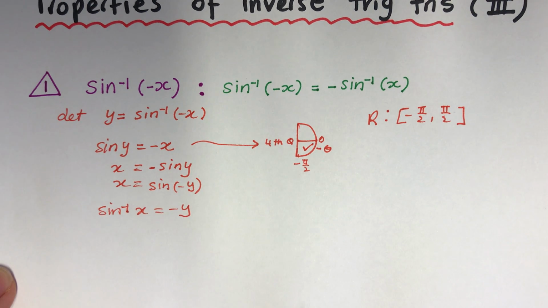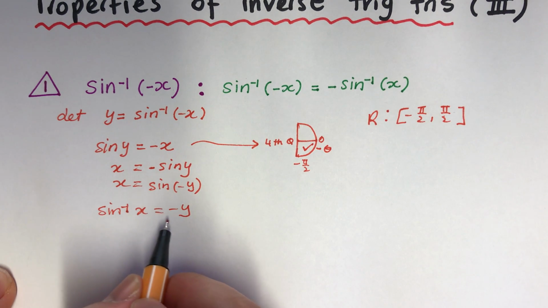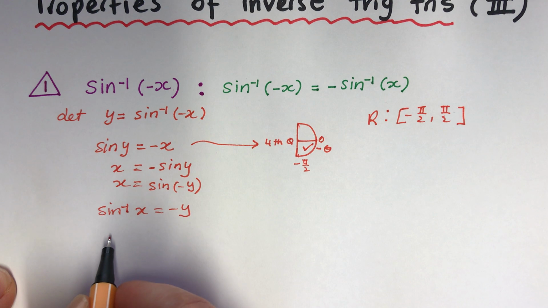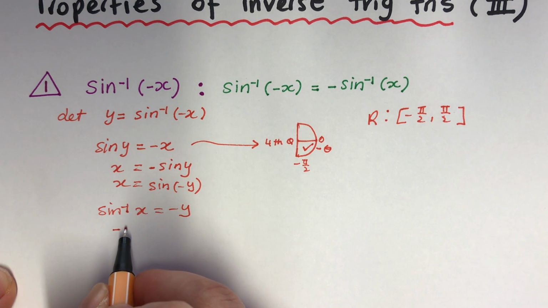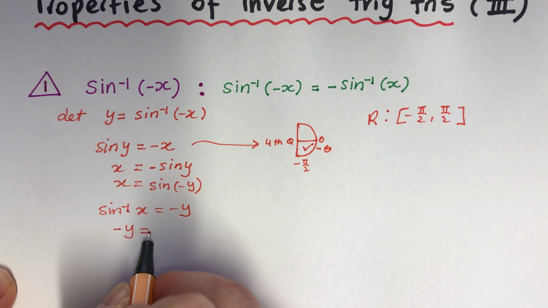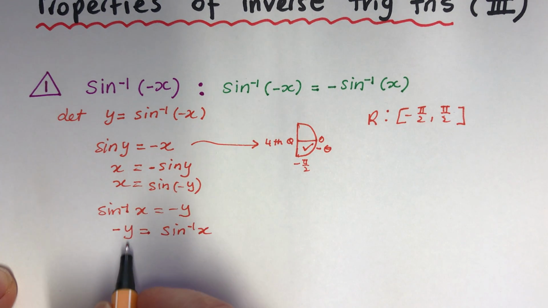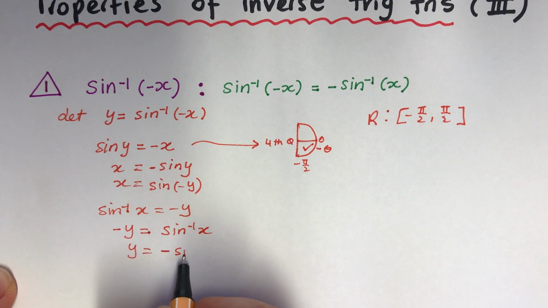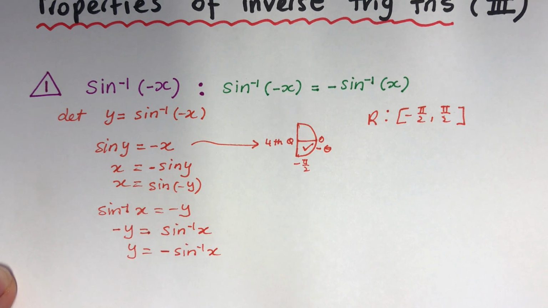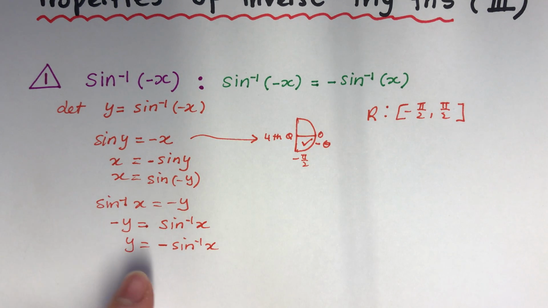Okay, do you understand this? And then what I'm going to do is make y the subject. So I'm going to rewrite it like this, so it'll be easier for us to look at. And I'm going to make y equals minus inverse sine x.